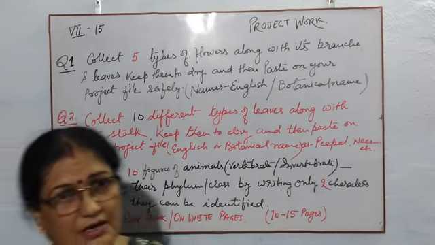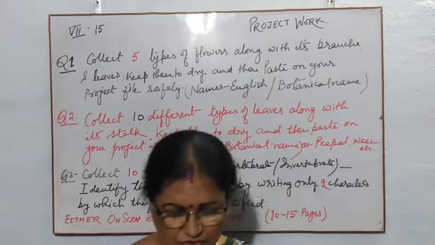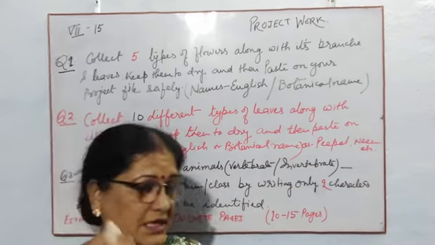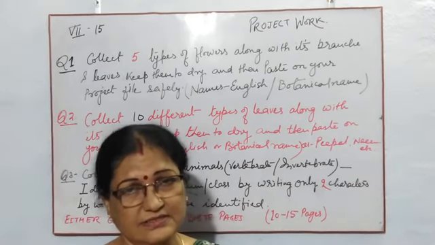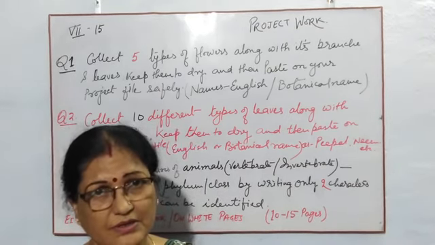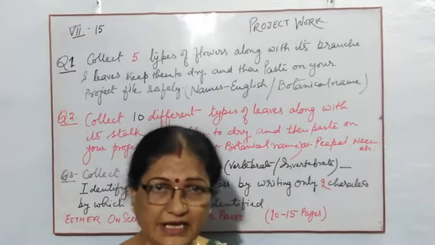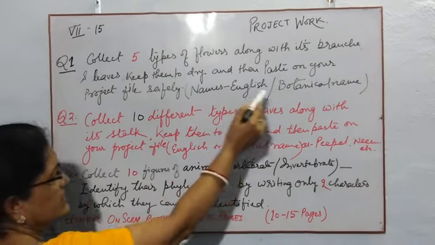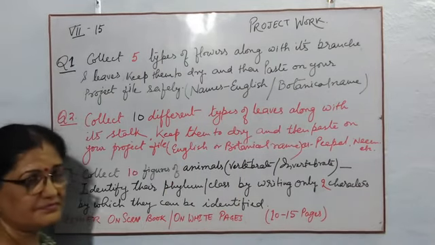Suppose you collect the hibiscus, the botanical name of the hibiscus is Hibiscus rosa-sinensis, full name. Or in English it is shoe flower. So in this way you have to write either the English or the botanical name.